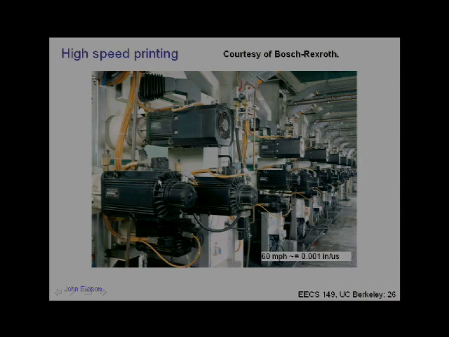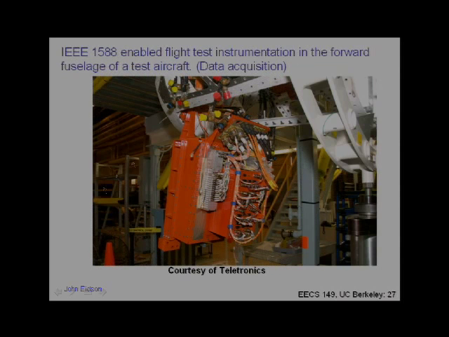Another case where 1588 is used is in instrumentation. So in aircraft, like Boeing's aircraft, they have to often do a whole bunch of testing, right? And the way they can do this testing and get various diagnostics from different parts of their system is they basically connect a unit and collect data, and the data has to be time-stamped.